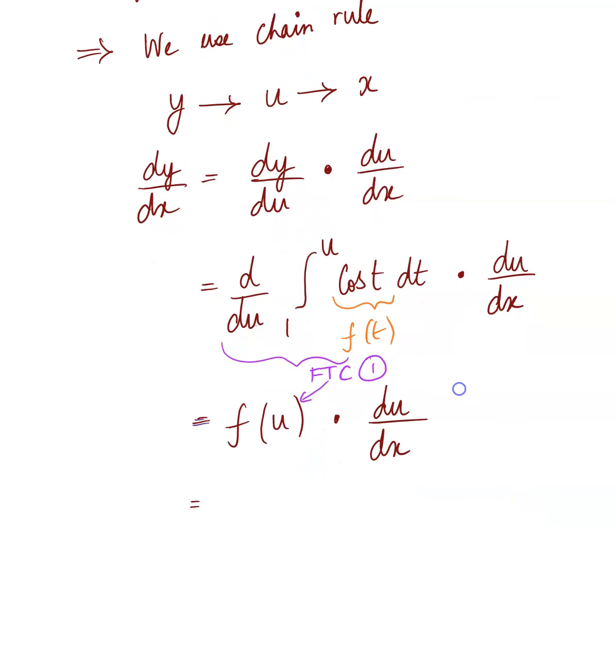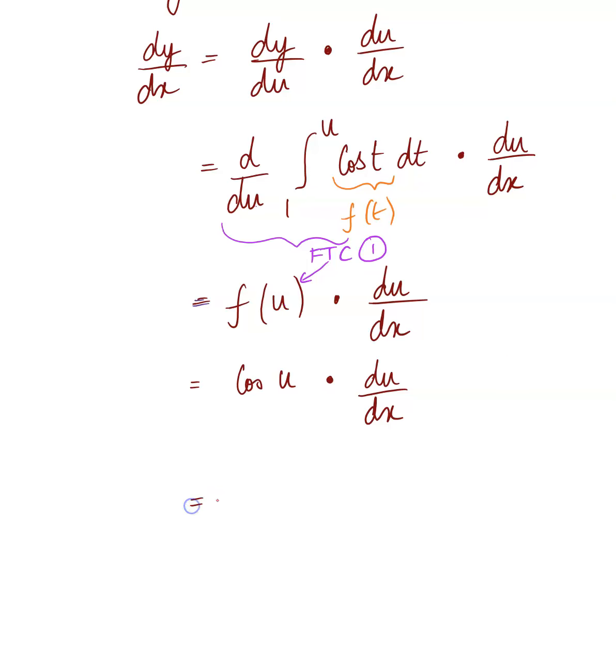F of t is cosine t, so f of u will be cosine u times du over dx. Now it's time to get everything in terms of x. So u will be x squared, and since u is x squared, the derivative du over dx will be 2x.